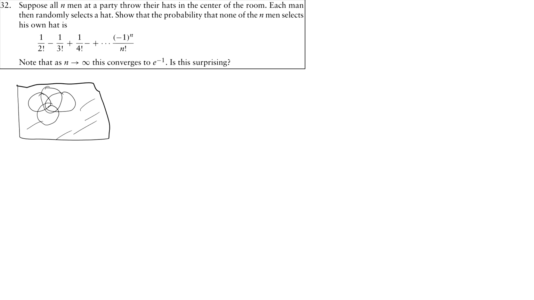What is the answer? P of S minus P of A union B union dot dot dot, let's say n, where n is the final number. We have to remove this part.